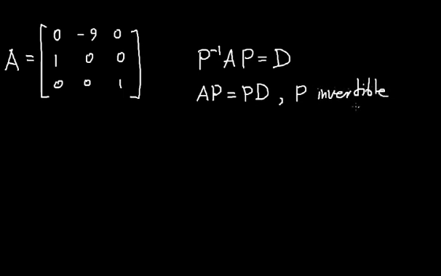And then this second one, we know from the theory, is equivalent to having the columns of P being eigenvectors for A, and the entries of the diagonal matrix D being the corresponding eigenvalues in the same order.